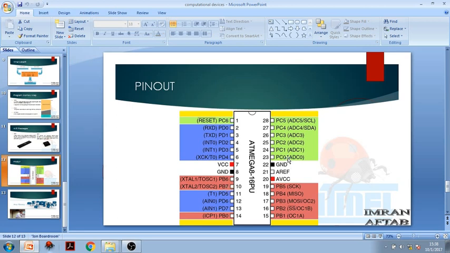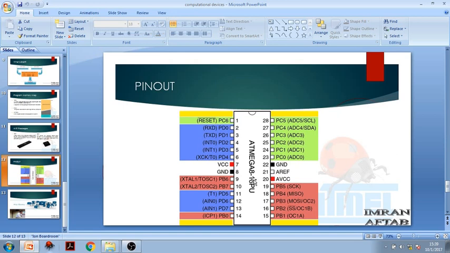But in port C we have PC0 to PC6, that means a total of 7 pins, and in port D we have PD0 to PD7, that means it also has 8 pins. So 8, 8, 16 and 7, in total we have 23 pins. These are the names of the input output pins, like PD3, PD2, PD6, PB0, like this.